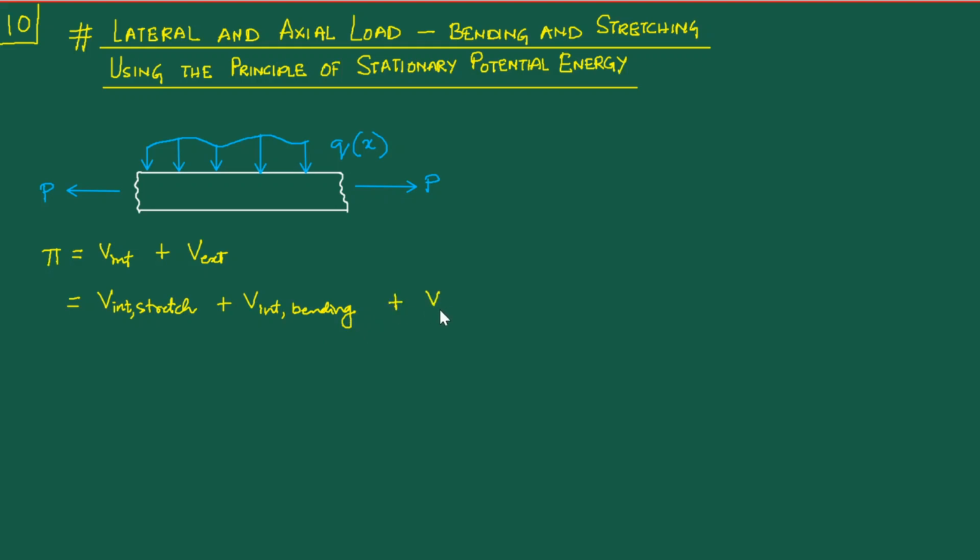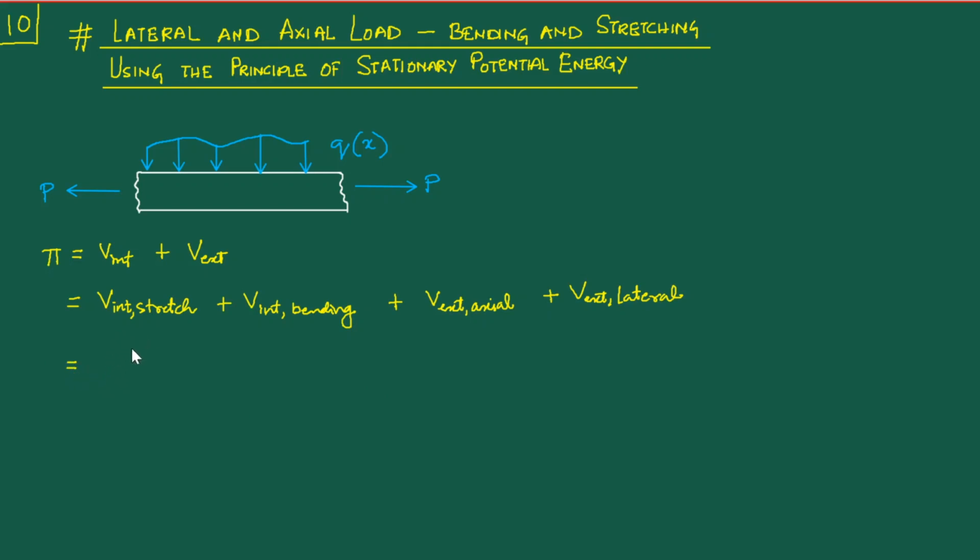Similarly, the external potential energy can also be subdivided into the contribution from the axial load and the external potential energy due to the lateral load. All right. So what are the expressions for these individual potential energies?